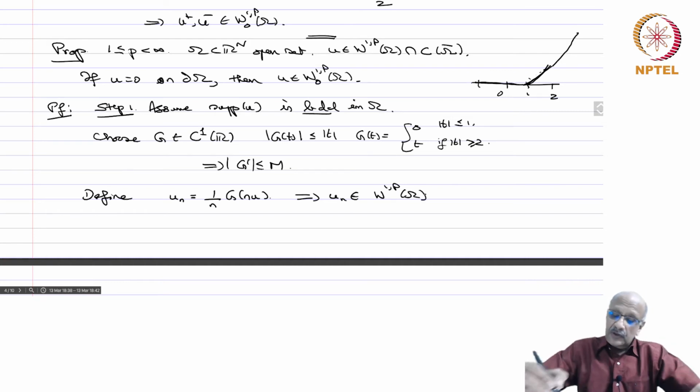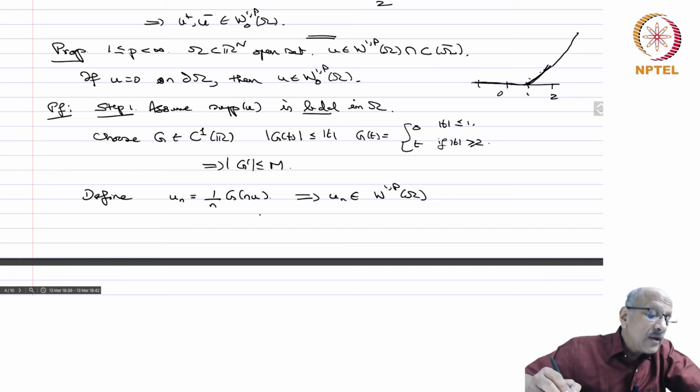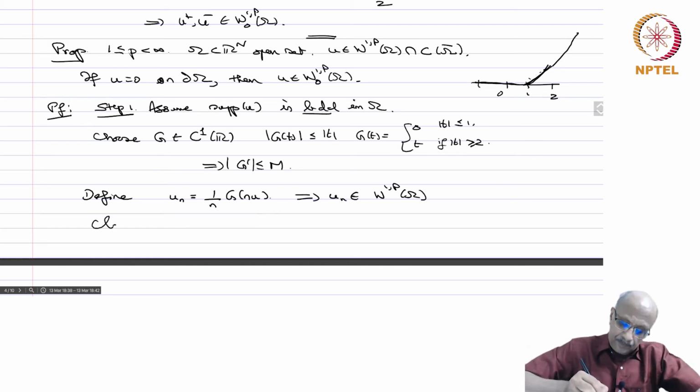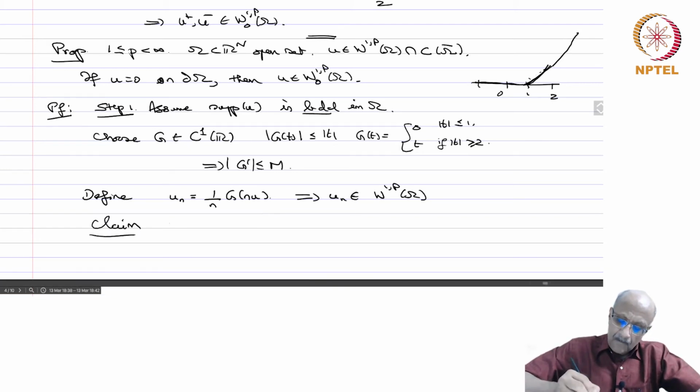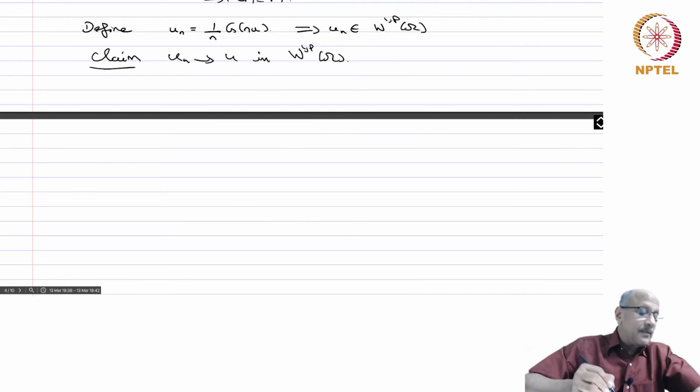You are using the chain rule: nu is also in W^{1,p}, and G is a C^1 function with bounded derivative, and G of 0 is 0, and therefore you have that G of u_n is in this space. Now we also claim u_n goes to u in W^{1,p}(omega).